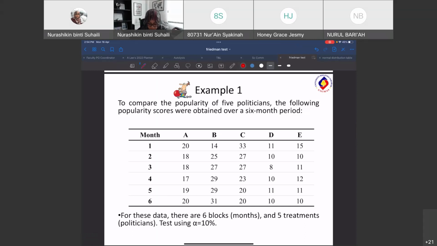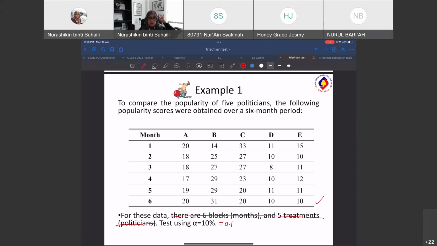For example, here, the last line says that there are 6 blocks, or you know that here is block, and politicians A, B, C, D, E are treatments. But assuming that this information is not given, test the data using alpha 10%. Okay, this one is given, which is 0.1. Okay, let's say the information is up to here only.